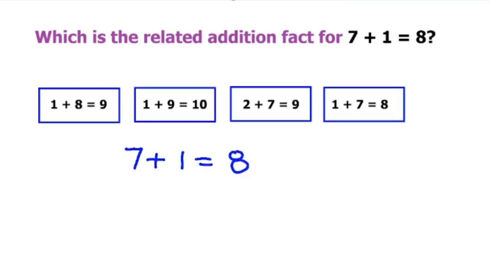And then you could rewrite it like this. 1 plus 7 equals 8. So it doesn't matter what order you add the numbers in, you will get the same answer. And that is a related addition fact.